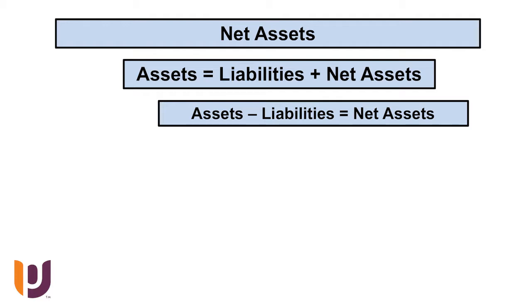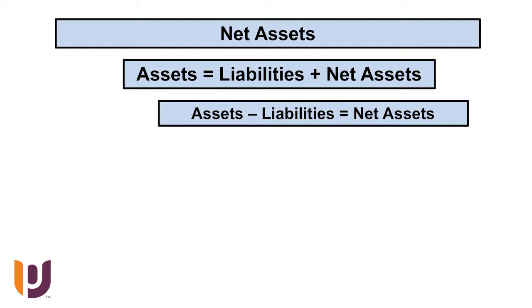When accountants close the books of nonprofits at the end of a period, there is no retained earnings account. Instead, the increase or decrease in net assets is closed to the category for which it belongs to.